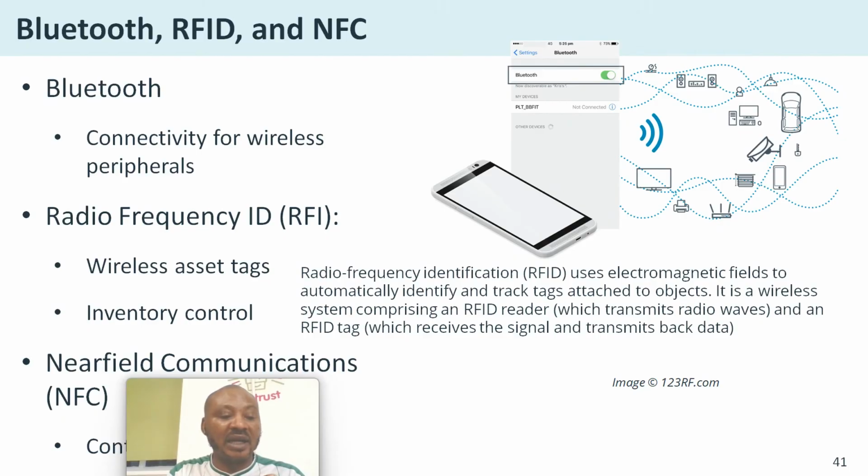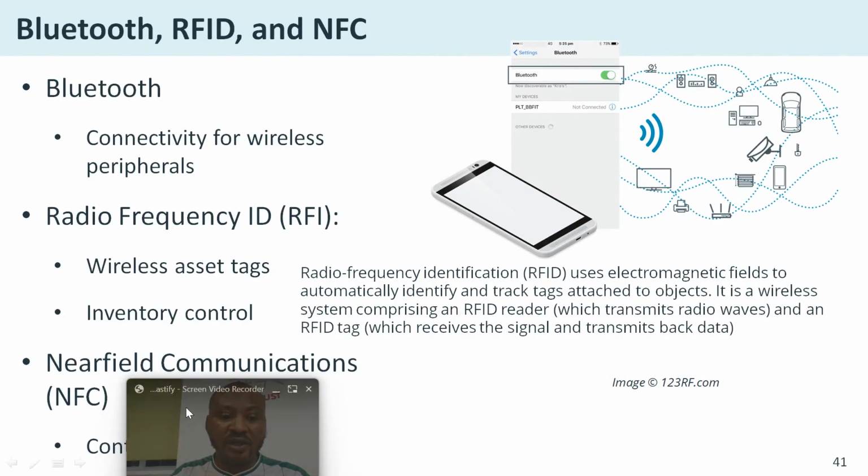They transmit signals in the form of radio waves. It uses an electromagnetic field to automatically identify and track tags attached to objects. It's a wireless system comprising a radio frequency identifier reader, which transmits radio waves, and radio tags, which receive the signal and transmit back.